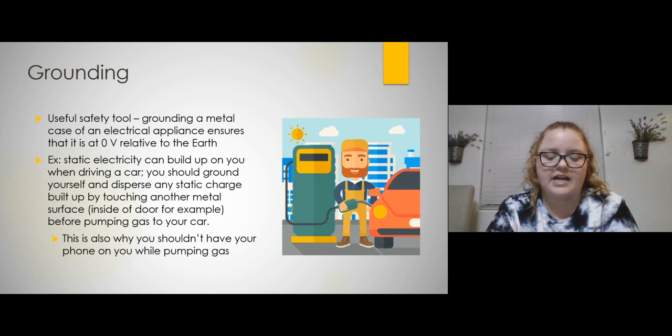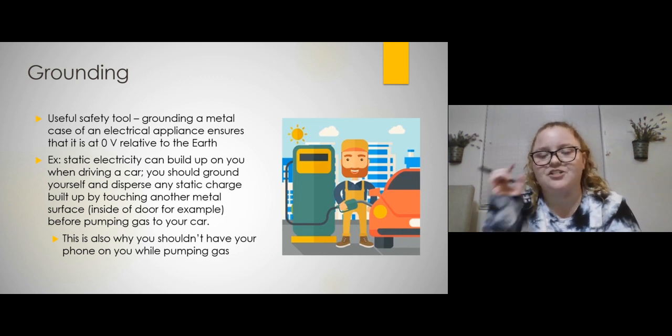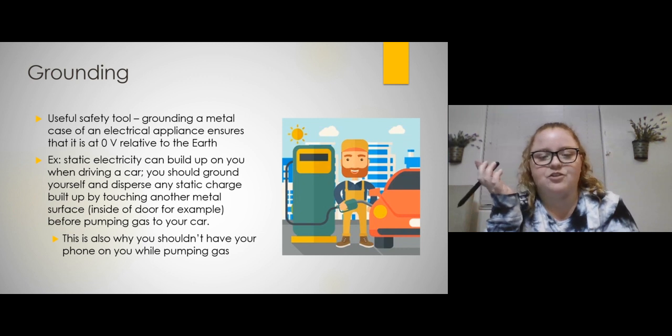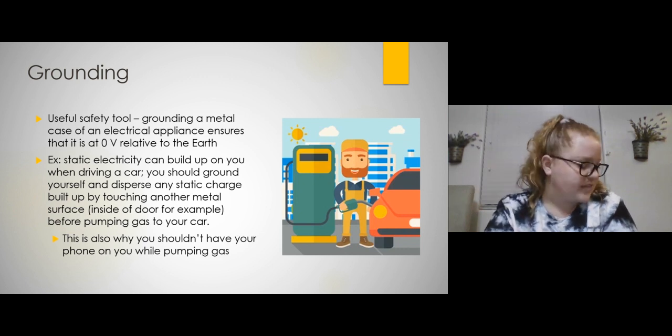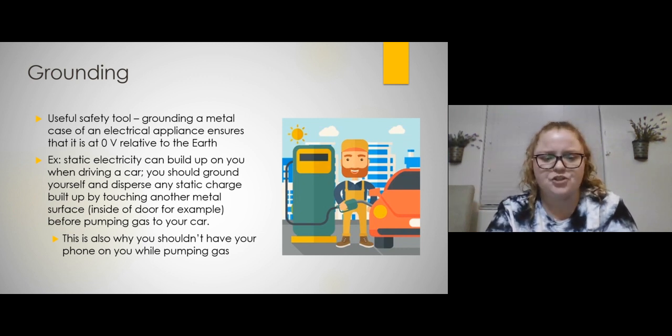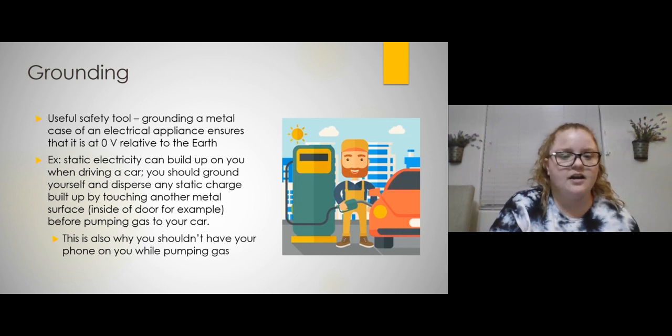One thing I usually do is touch the inside of my door. Most of my car is metal. It's an older car, so I can pretty much touch the door handle or whatever is metal to do that.